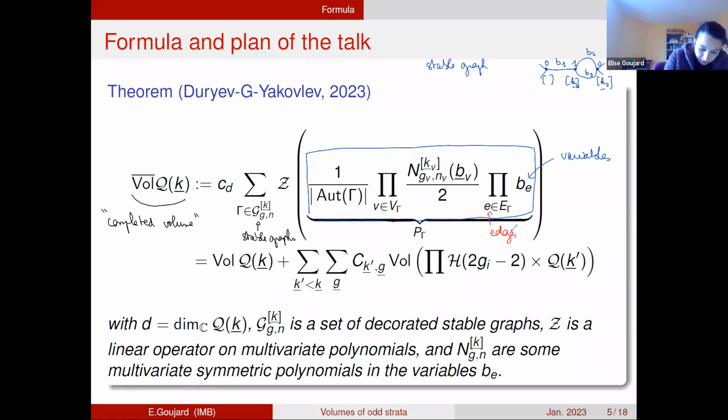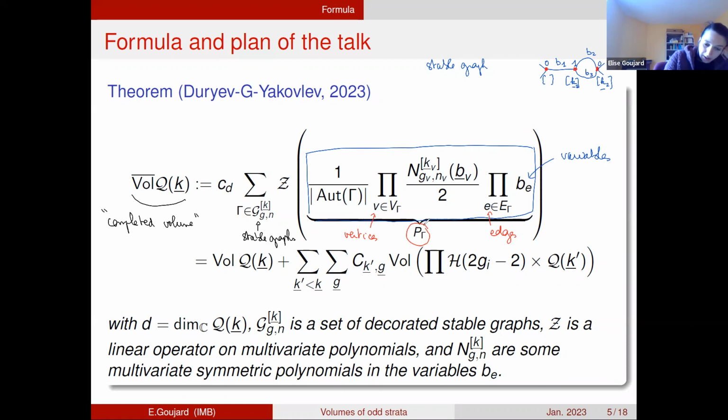These are the edges, these are the vertices. On each vertex, I will define some polynomial, and I will define it later. So on each vertex of this graph, I get a specific polynomial in the b_i, and I consider the product of all these polynomials. This is just a big polynomial, and I divide by the cardinality of the automorphism group of the graph. This is a polynomial that depends on the graph that I call P_gamma.